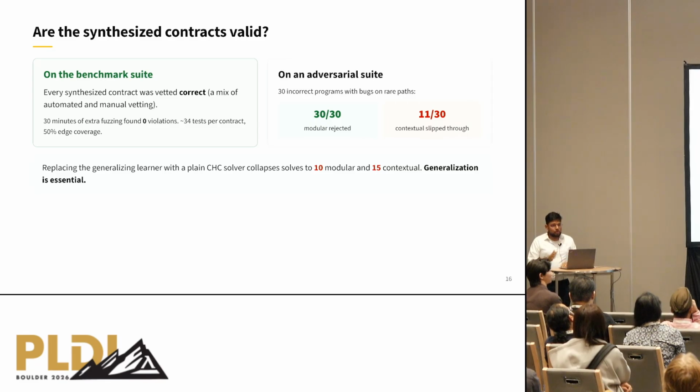Now, we also did this experiment on an adversarial suite where we constructed programs where we artificially injected bugs that are hard to find for a test generator. By that I mean we injected these very long paths that are rare and it might be hard to get to these points. And even in that suite, for about 30 programs, when we asked our solver to come up with modular contracts, it said, no, I cannot come up with any, which is good.